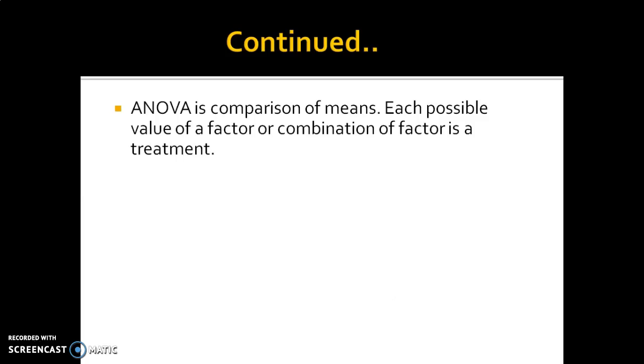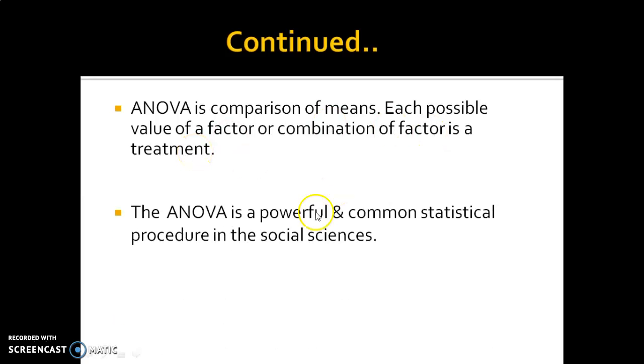Now ANOVA is a comparison of arithmetic means, where each possible value or combination of factors is a treatment. ANOVA is the most powerful and very commonly used statistical tool in the social sciences. You can see how easy and convenient it is to take 2 or 3 or more series, determine the arithmetic mean of those series, and analyze the differences, if any exist, between the means.